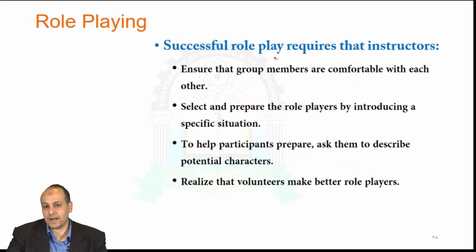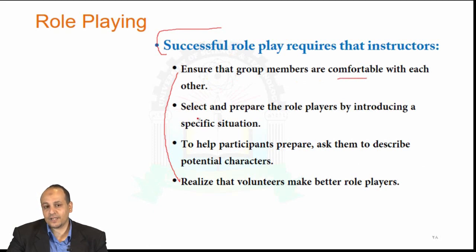Successful role play requires that instructors. Here we're talking about role play, and we're talking about the instructors. In order to come up with the right or desired objectives here, we have to maintain the following points. For example, we need to ensure the group members are comfortable with each other.